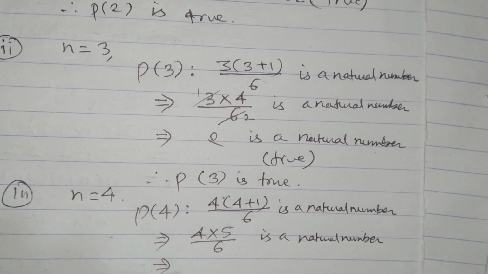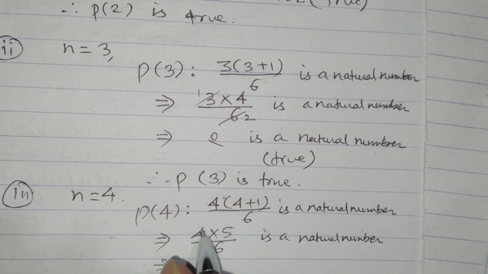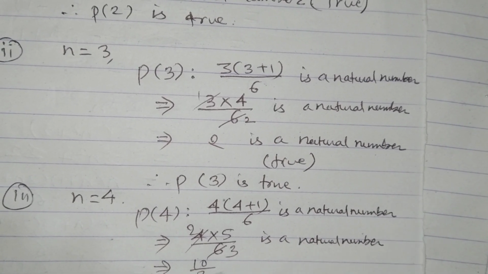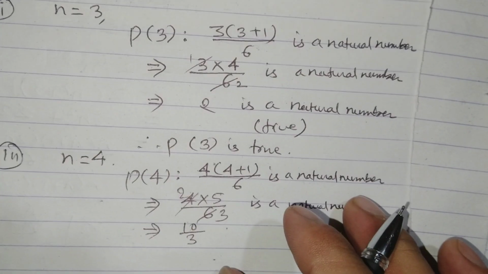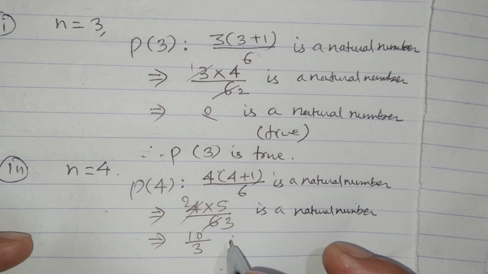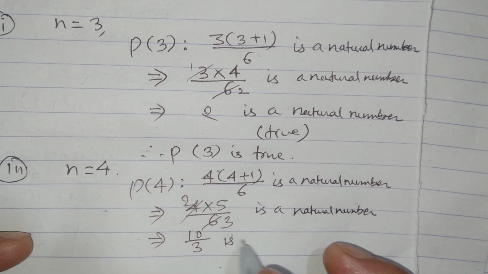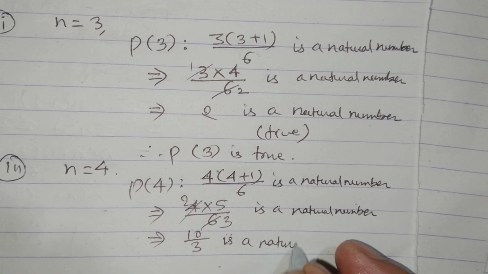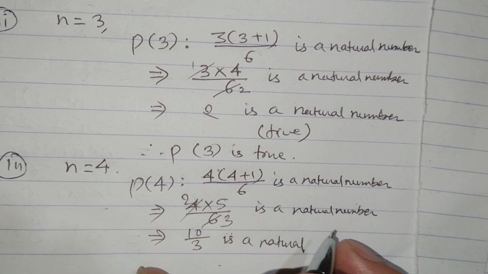So this is 20, or we can write 2 into 4, 2 threes are 6, so 10 by 3 is a natural number.